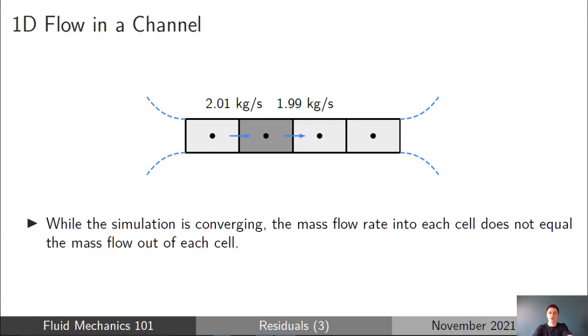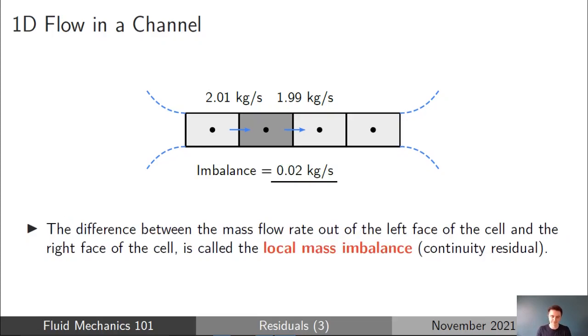For this particular example, if you think of the second cell from the left of that 1D channel, you've got 2.01 kilograms per second coming into the cell through the left face, and then 1.99 kilograms per second going out of the right face of the cell. They're very close, but there is an imbalance in the mass flow rate.